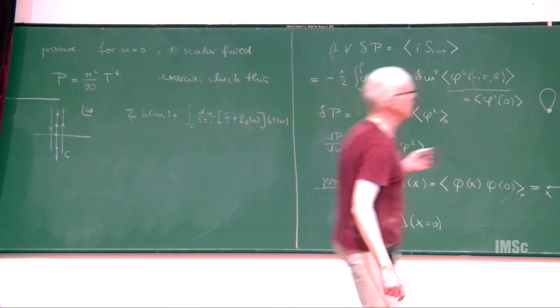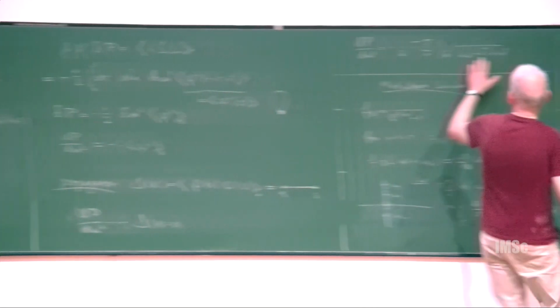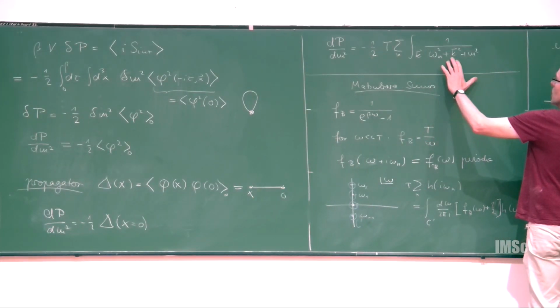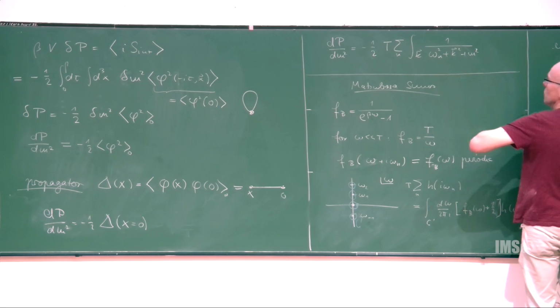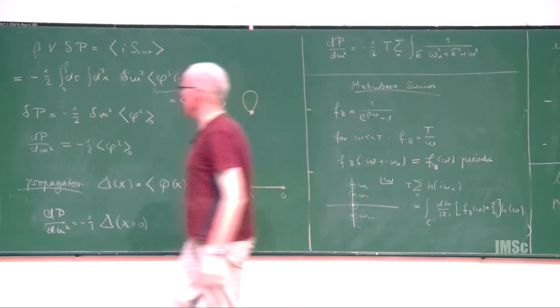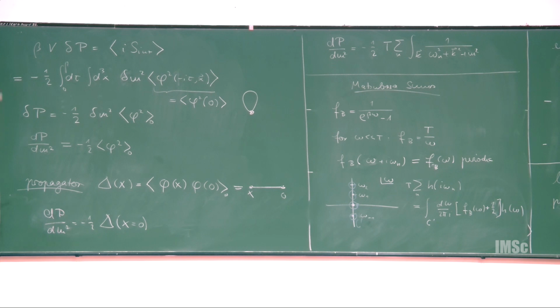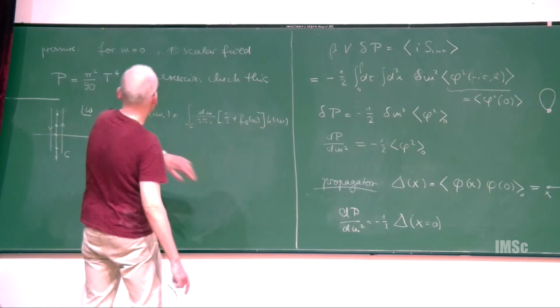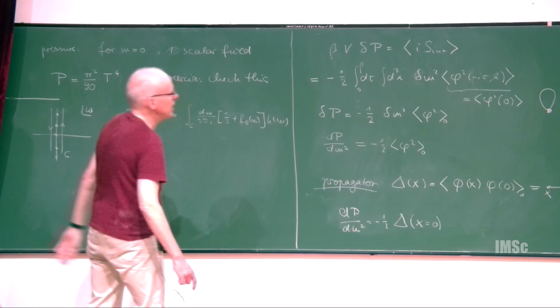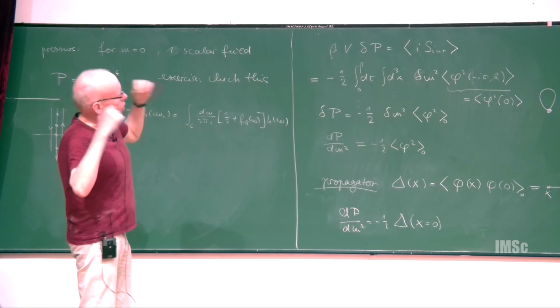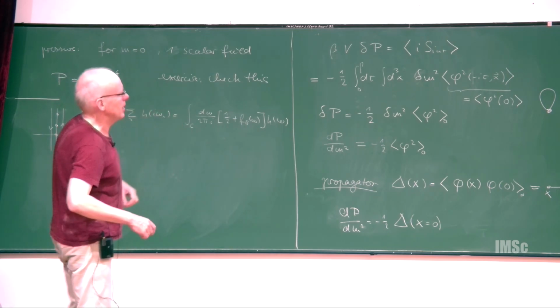And you see, this expression here has indeed poles at real frequencies. So remember, in this expression I have to replace i omega n by omega. That means I replace omega n squared by minus omega squared.